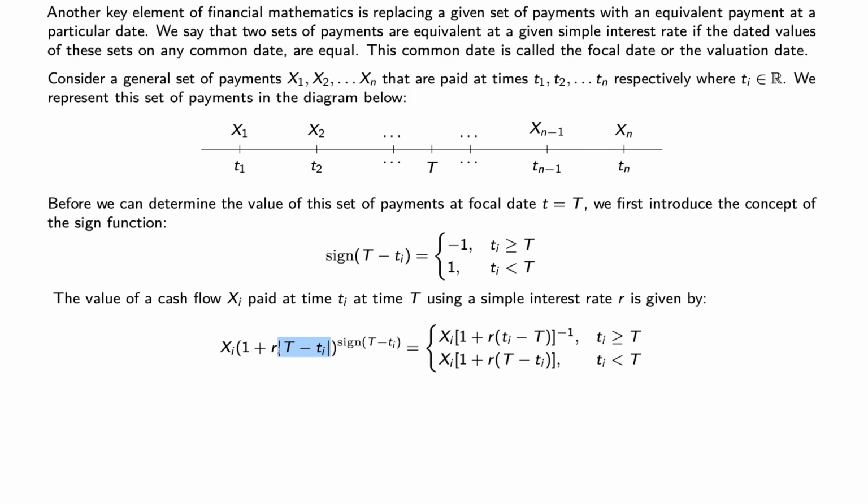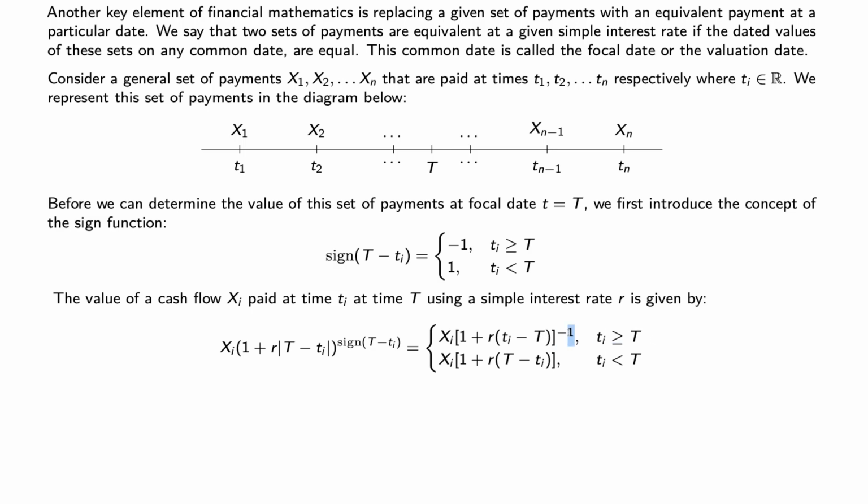each time we're recording something positive in the factor. However, where we do see the discounting get involved is when we've got this sine of t minus ti. See here, this takes, again, the value of negative 1, when ti is greater than or equal to t.